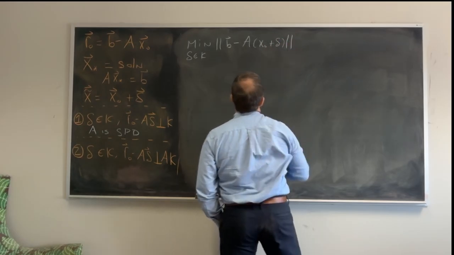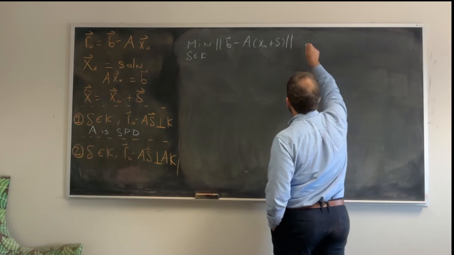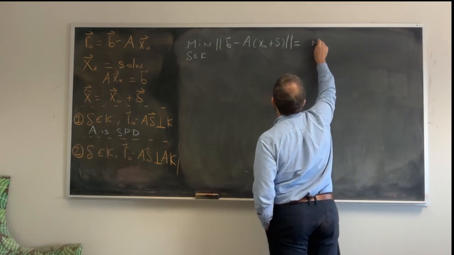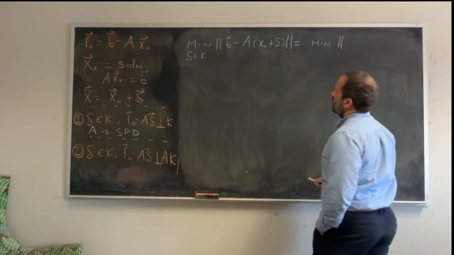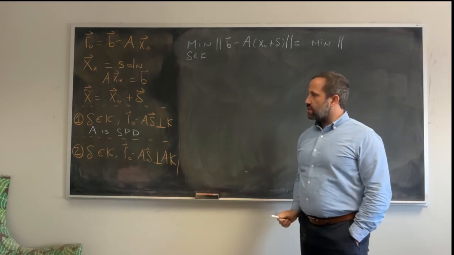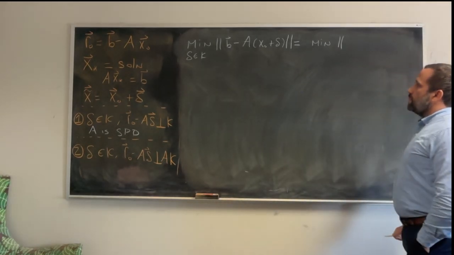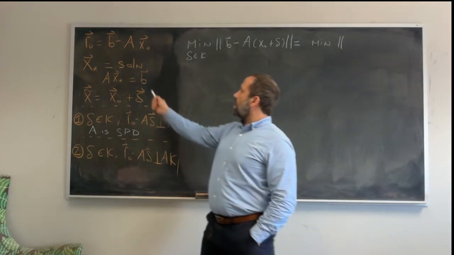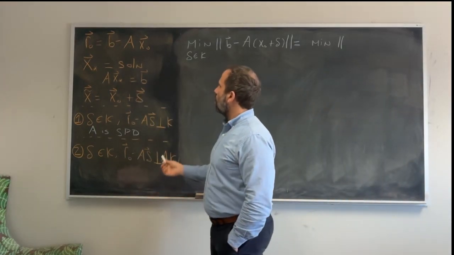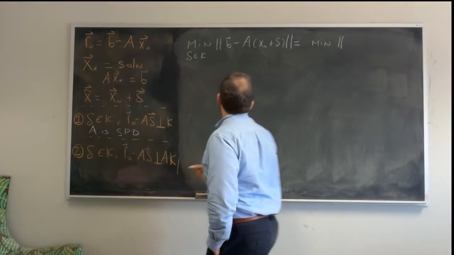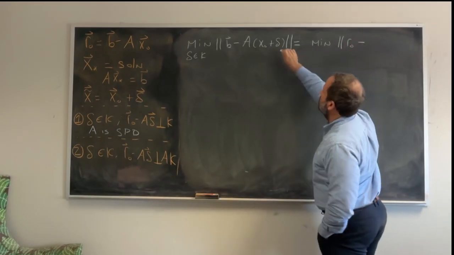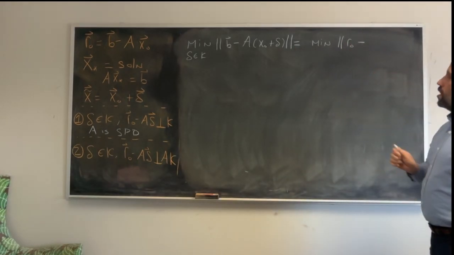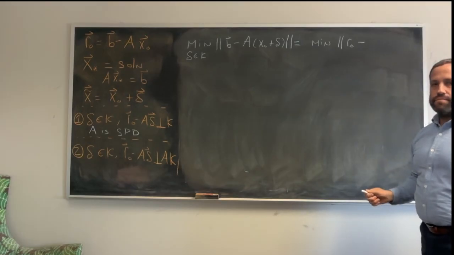And again, we're doing this in the standard 2 norm. Now we can rewrite this in the following way. So we're going to have B minus A x naught. But what is B minus A x naught? That's just R naught. So this is going to be R naught minus A times delta. Okay, but delta is in K.